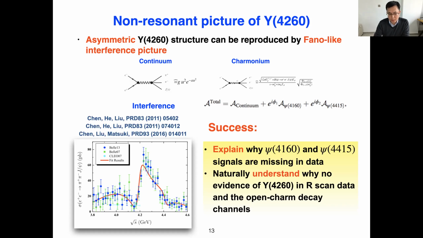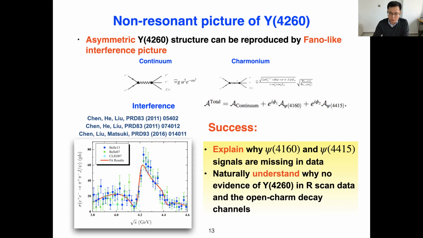We also noticed that in the e+e- to pi+ pi- J/psi cross section, you cannot find a singular enhancement for the psi(4160) and psi(4415). We know that these two charmonium-like states are well established in the PDG.